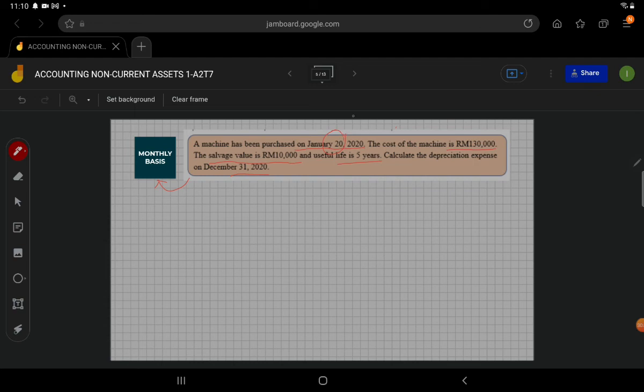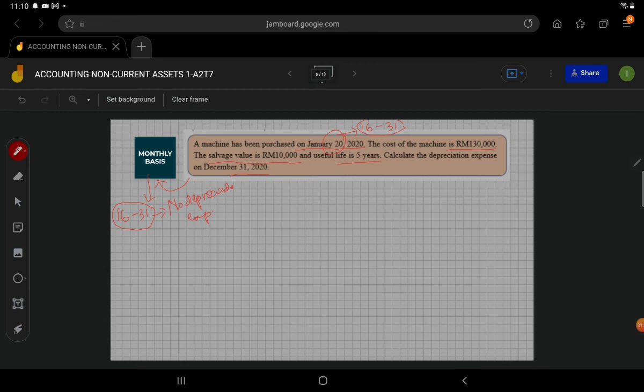Okay, 20 January, so dia di antara 16 hingga 31. Tadi kita dah tengok under monthly basis bila 16 hingga 31 hari bulan, that's mean bulan tu dikira full. Bulan tu no depreciation expense.